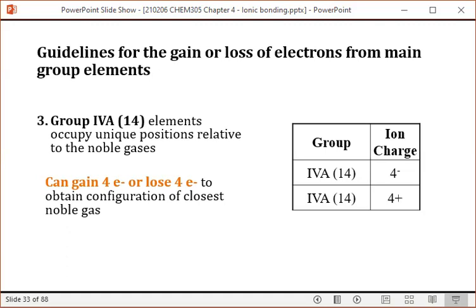So tin and lead would tend to lose electrons and make ions with charges of 4 plus. But because column 14 crosses the metals to non-metals staircase, it has some of both. It depends on which one you're talking about, whether it tends to gain or lose electrons. Non-metals tend to gain electrons and make negatively charged ions, and metals tend to lose electrons to make positively charged ions.